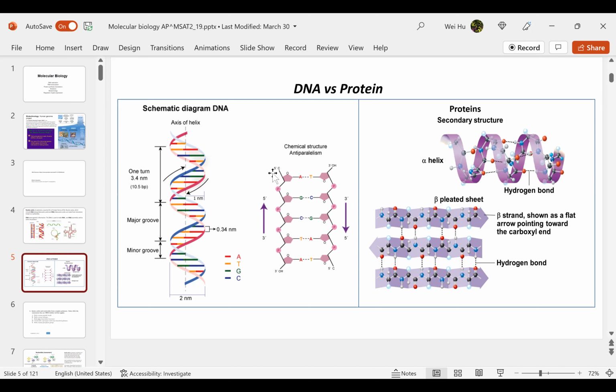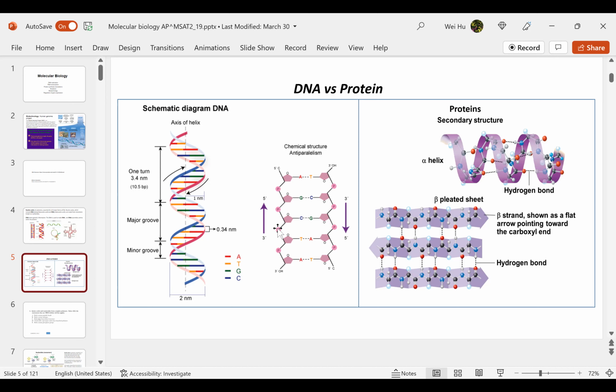The 5 prime means that your phosphate is linked to the number 5 carbon on the sugar. What do you mean by 3 prime? It means that here you have the number 3 carbon, which can potentially link to a phosphate group.